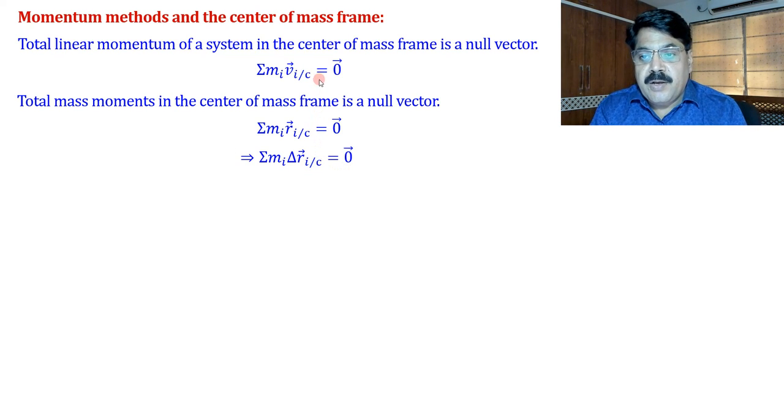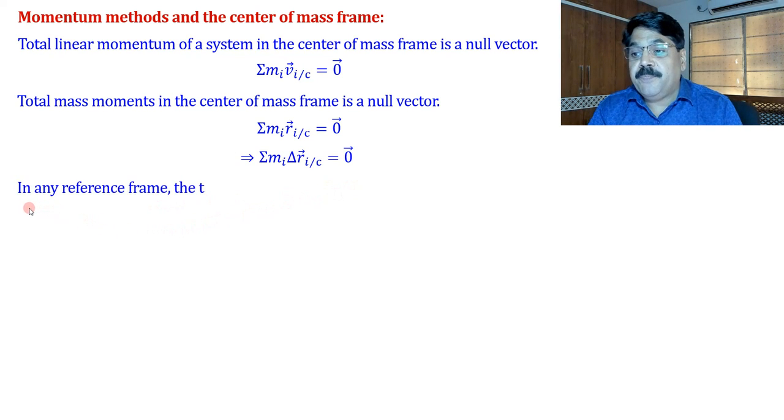Again, we can arrive at that equation by integrating this equation. So total sum of product of masses into displacements of each particle in center mass frame is a null vector. So this idea can be used to relate displacements of various particles in center mass frame.